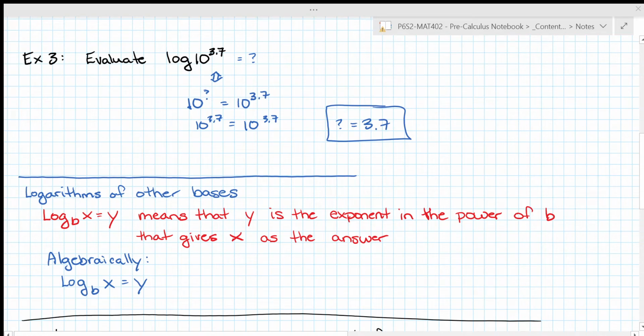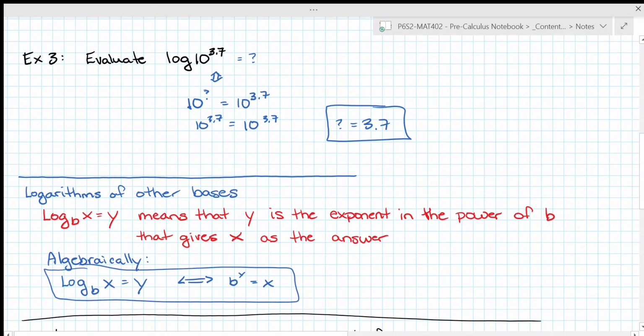So if I wrote log base b of x is y, that is synonymous with saying y is the exponent in the power of b that would give me x as my answer. These two things are interchangeable. So if I see this form, I can rewrite it like that, and if I see this, I can rewrite it like that.